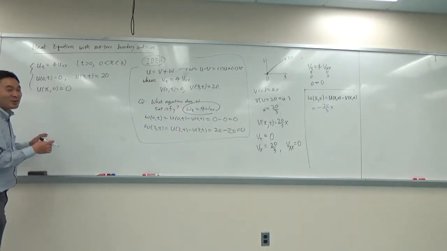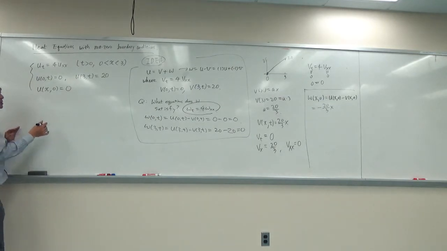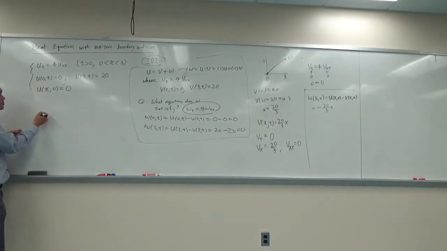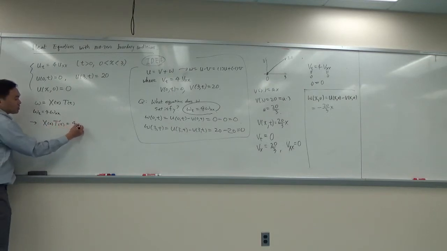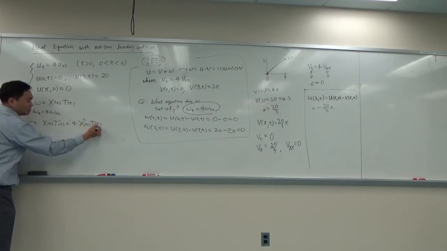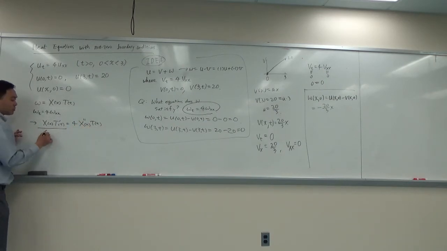I don't know what your plan is, but you should know this, that if you set W as X(x)T(t) and apply the heat equation, that's going to give you X(x)T'(t) equals 4 times X''(x)T(t). Divide both sides by 4XT.